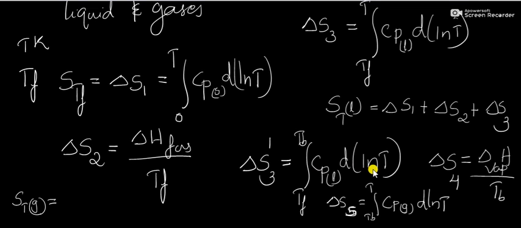Then the liquid is heated at its boiling point Tb to convert into its gaseous state. Then the entropy of vaporization of the substance will be delta S4 equal to delta H vaporization divided by Tb, where delta H vaporization is the molar enthalpy of vaporization of the substance. Then the gas is heated from Tb to the required temperature T Kelvin.